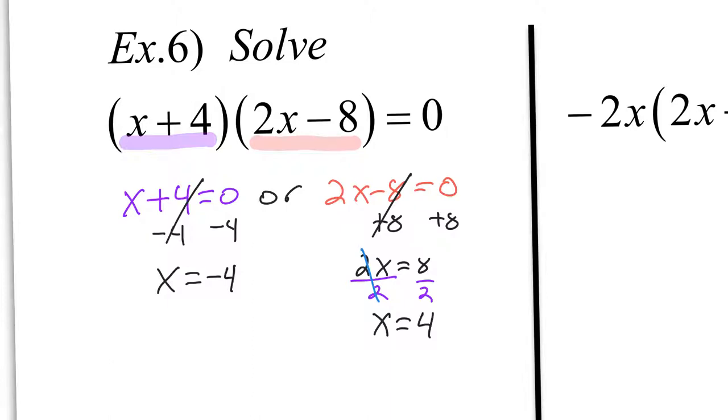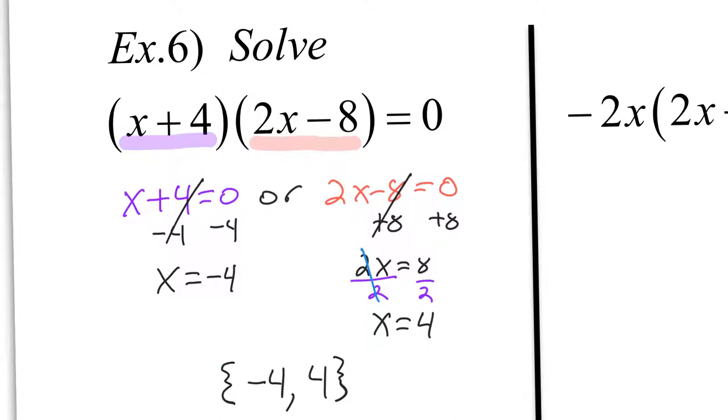Now, the way I want you guys to write your answer is using brackets. When you find the x values, we are going to write the answer using brackets. You always start with the lowest number. So -4 is the lowest one, comma, and 4 is the biggest number. And then you close the brackets. One thing you have to understand, this right here is not a point. Do not use parentheses.